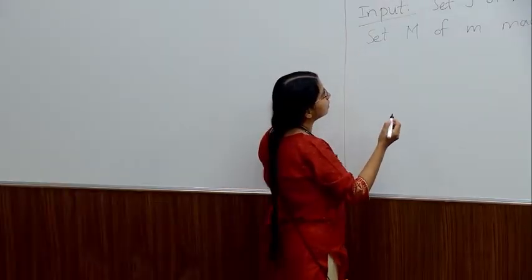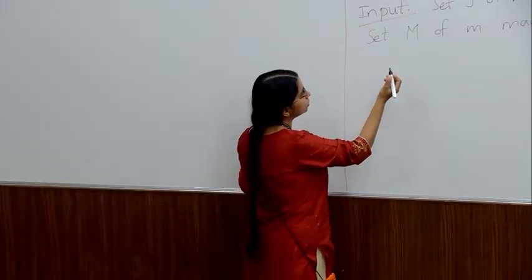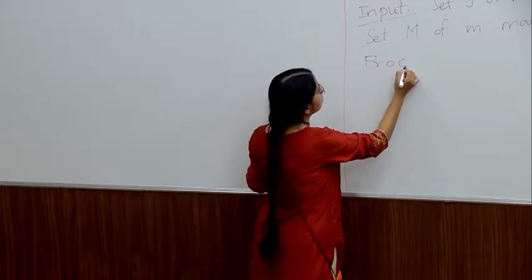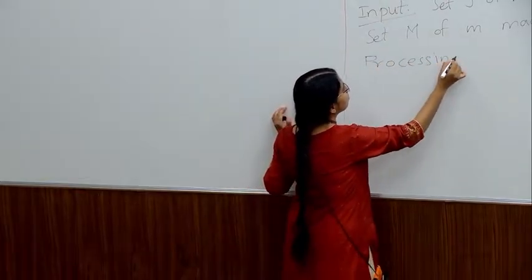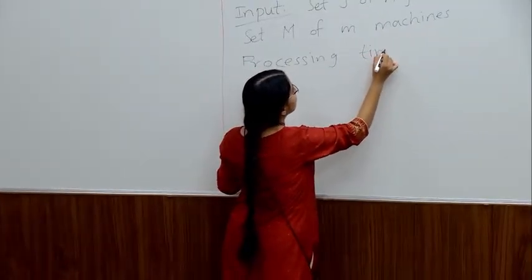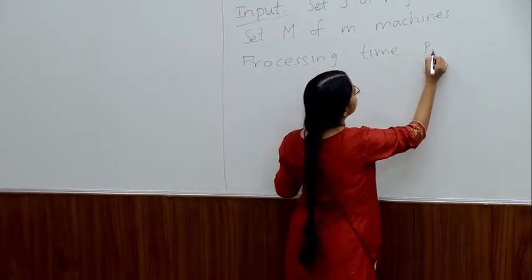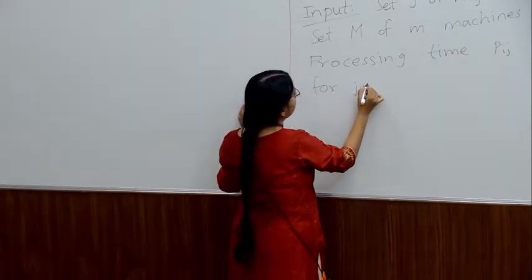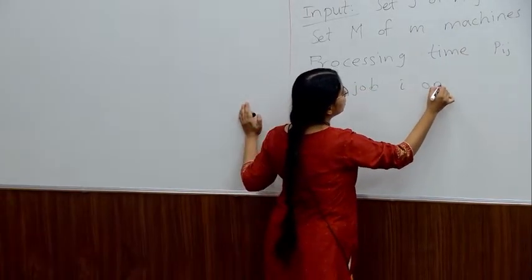And there is a processing time associated with each job-machine pair. Okay, so processing time p_ij for job i on machine j.